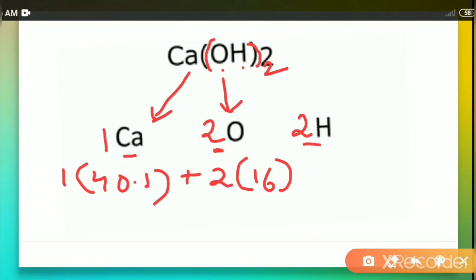Let us move to hydrogen: plus 2 times the atomic mass of hydrogen, which is taken as 1.